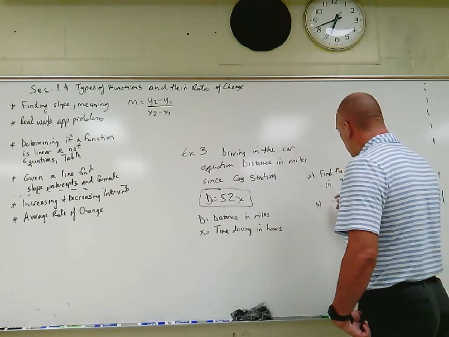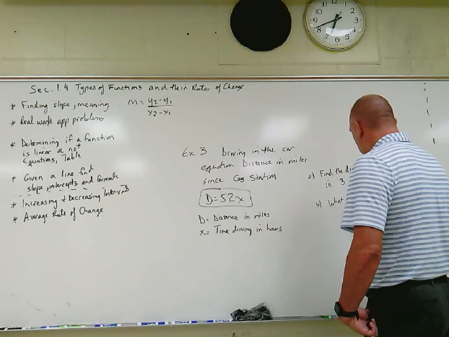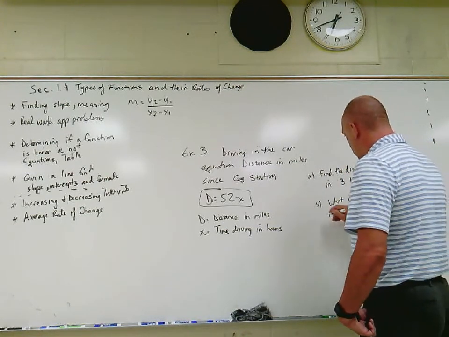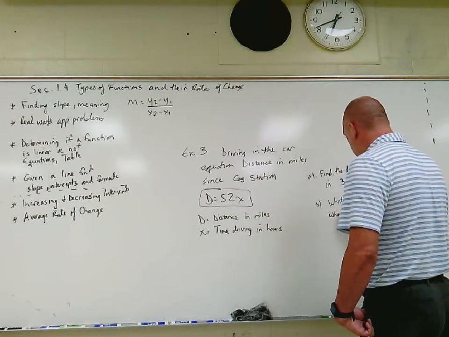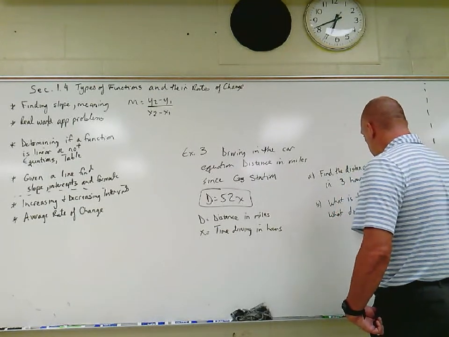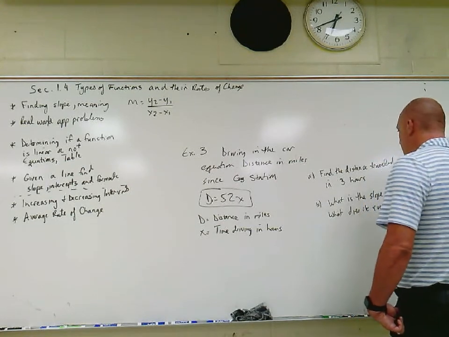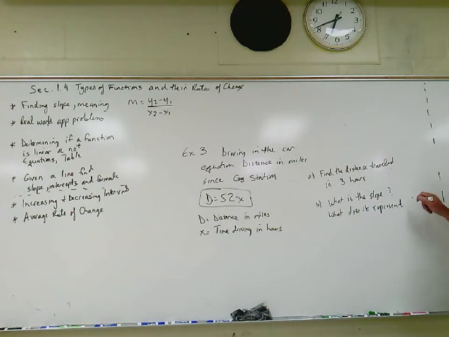What is the slope, and what does it represent in this problem? See if you know. Okay. That's basically 3 questions, right? Find the distance traveled in 3 hours, what is the slope, and what does it represent in terms of this problem?